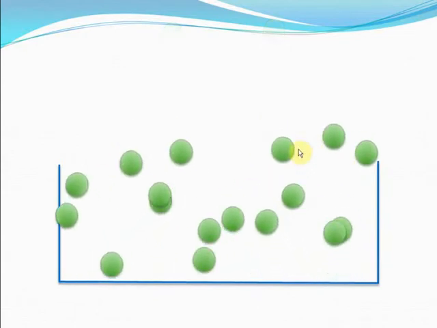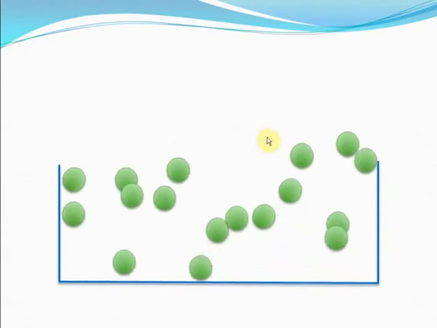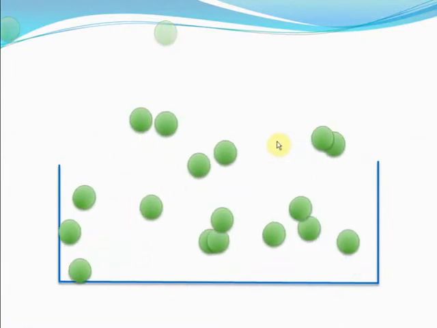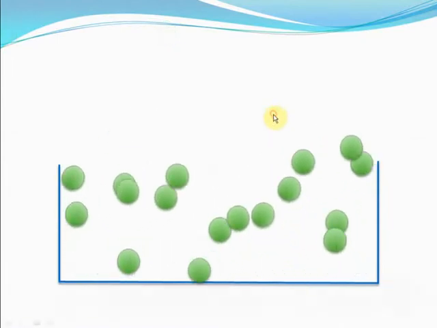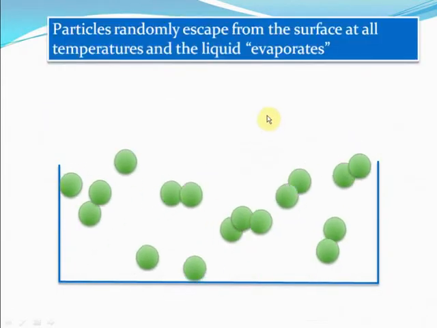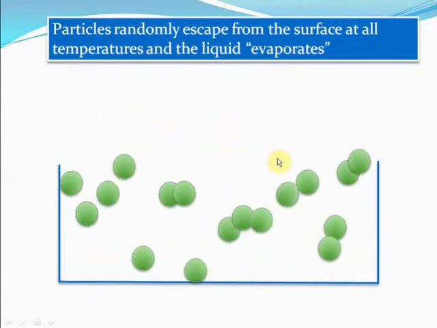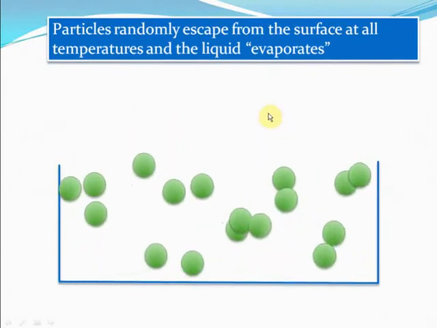So particles from the surface, since they have more kinetic energy than the other particles in the liquid, keep on escaping randomly, after some time. The probability of the particles at the surface having enough kinetic energy to escape from the liquid is very high. And that is how the liquid evaporates, slowly but steadily.